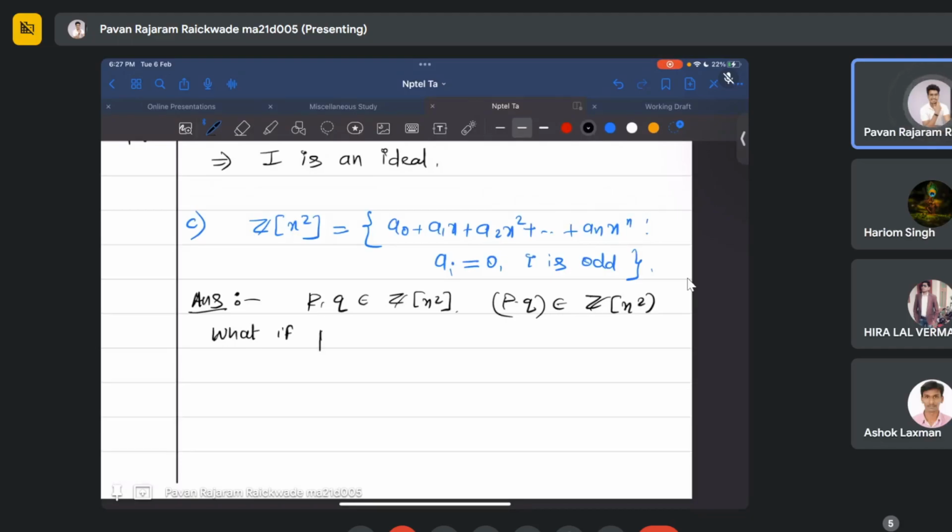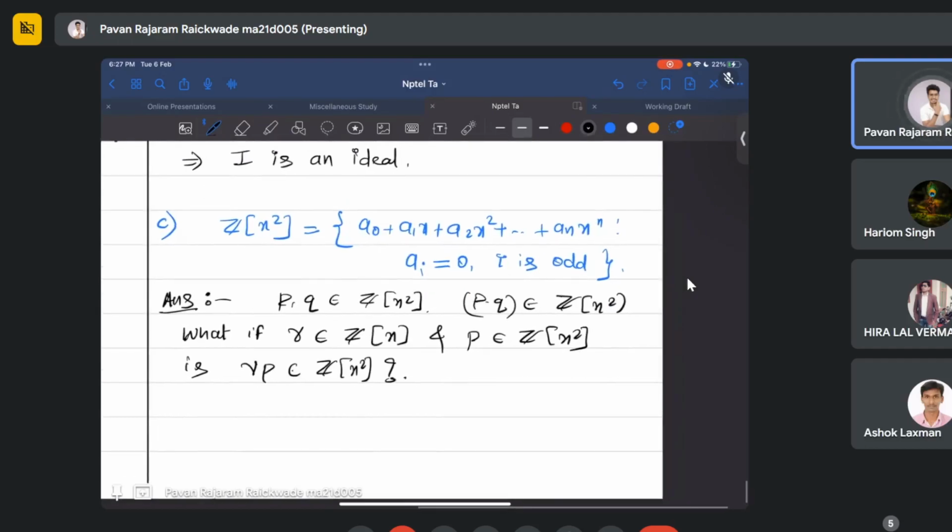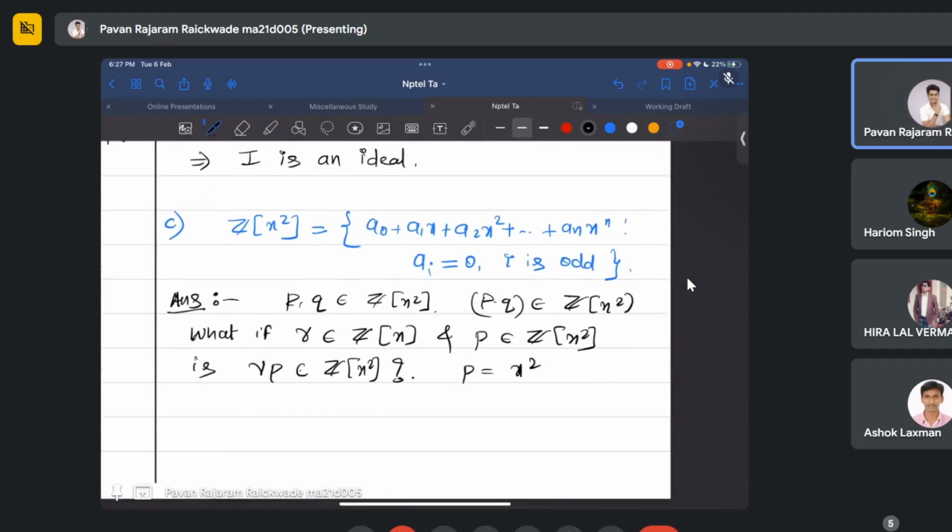But what if you take an element r belonging to any polynomial ring Z[x], and an element p belonging to Z[x squared]? Is rp in Z[x squared]? The answer is no. For example, you take the polynomial p as x squared, which belongs to Z[x squared], and you take x belonging to Z[x] as r.